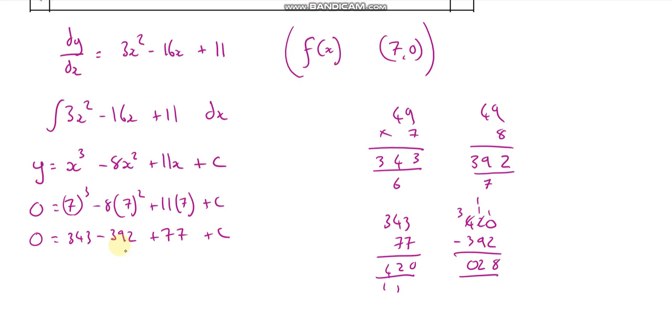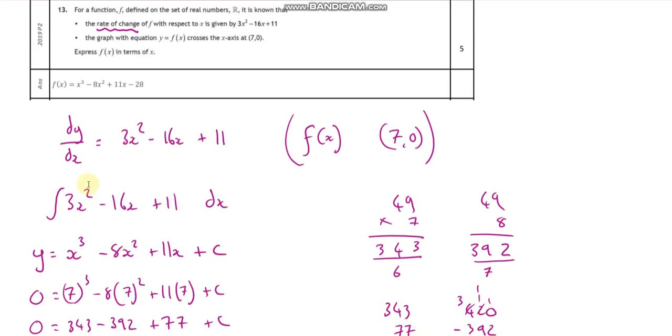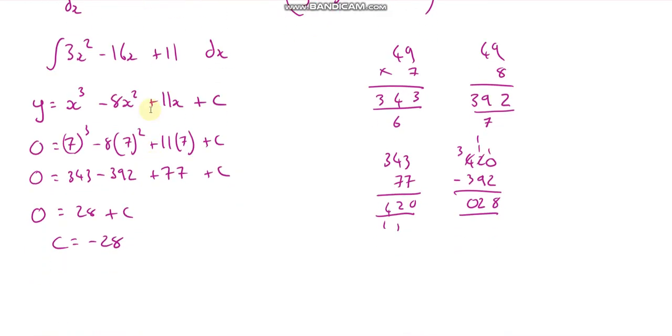Fair enough. So 0 is equal to 28 plus c, which means that c has to be equal to negative 28. Ta-da! So the final line would just be to say that y is equal to x cubed, take away 8x squared, plus 11x, take away 28.